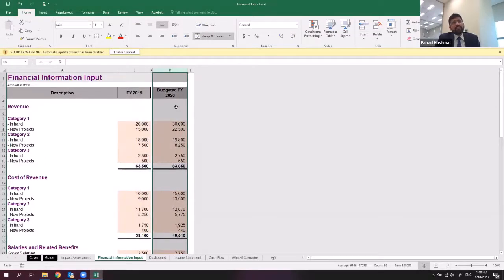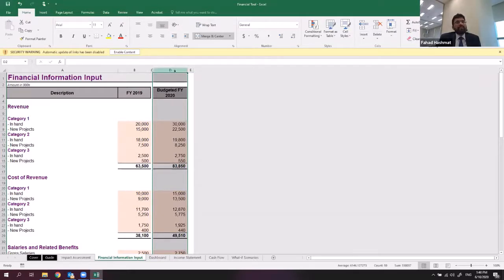And column D basically takes into account the budget which was prepared in the pre-COVID period. So this is as if standing in November or December of last year and expecting the business to achieve this much revenue, not knowing that the corona thing would happen going forward.